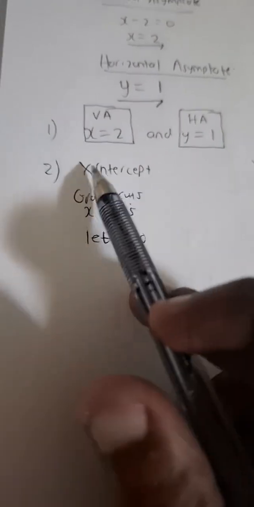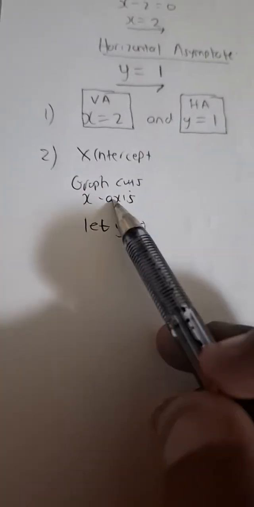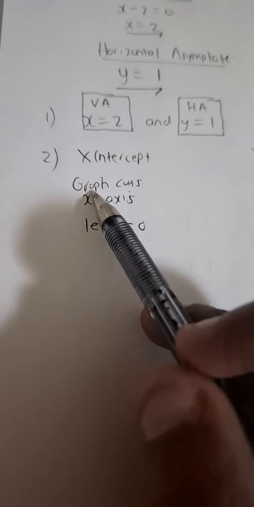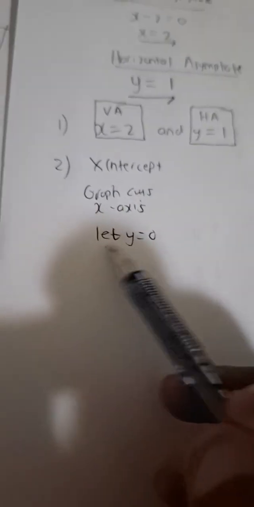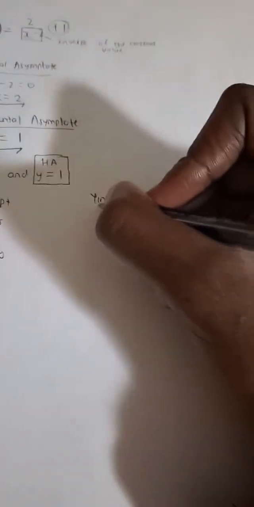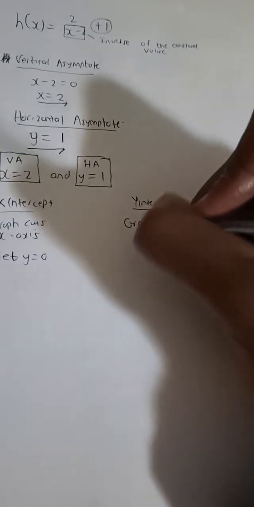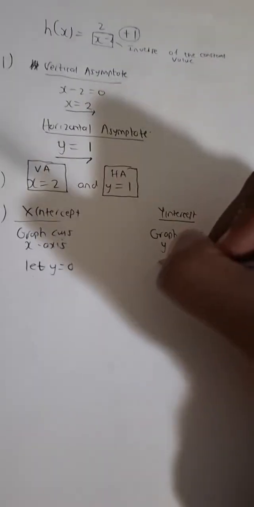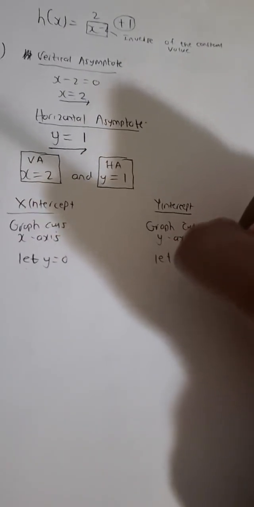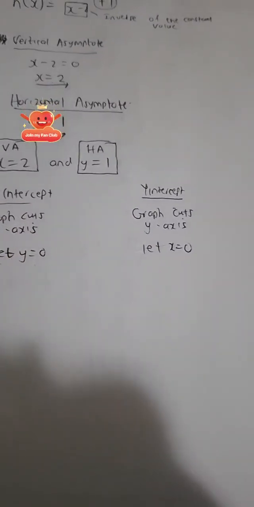That is the x-intercept, where the graph cuts the x-axis, or where the graph touches the x-axis. Okay, we let y be equal to 0. Then what about y-intercept? This is where the graph or the function cuts the y-axis. That's where we let x be equal to 0.